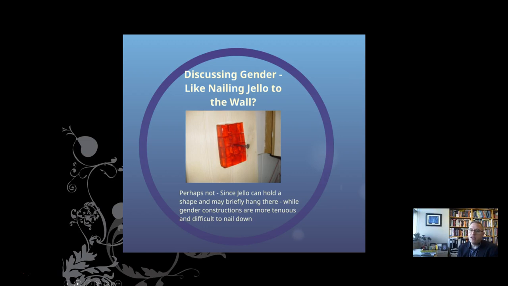And so when we try and organize things into categories and describe things very clearly, which science likes to do, it might hold up for a little while in a certain context, but it doesn't apply to all cases. It's always changing. And even if we're talking about the same person at different points in time, it will change.